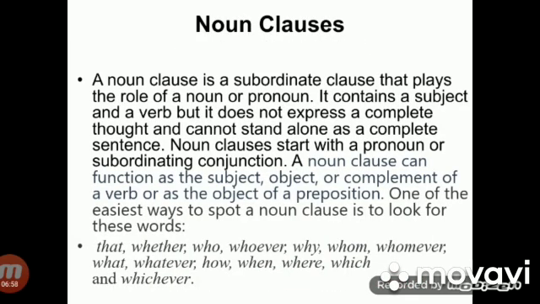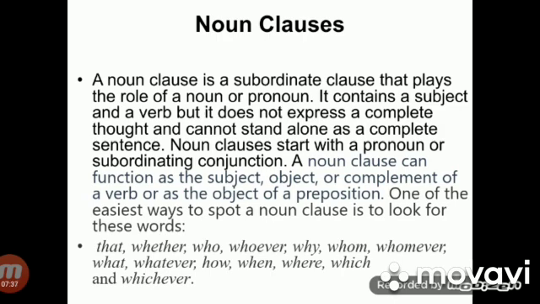Let us now study noun clauses. A noun clause is a subordinate clause that plays the role of a noun or pronoun. It contains a subject and a verb, but it does not express a complete thought and cannot stand alone as a complete sentence. Noun clauses start with a pronoun or subordinating conjunction.